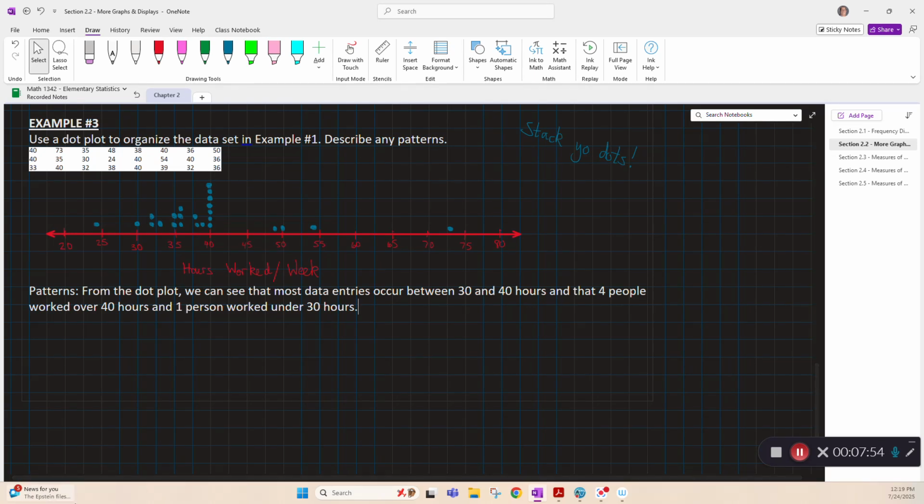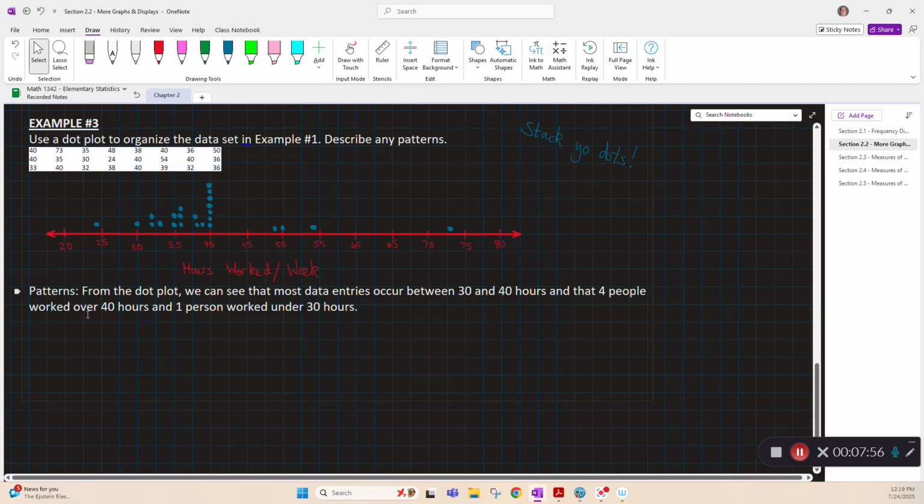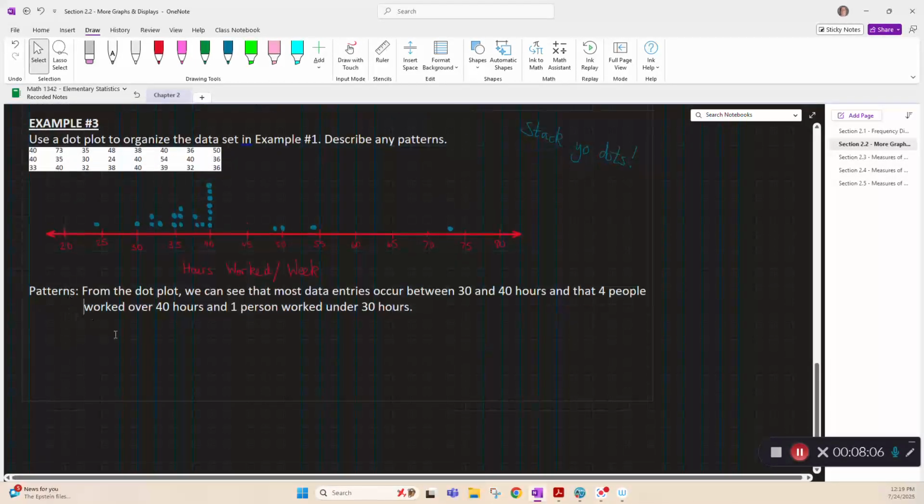Okay, there's our pattern on the dot plot. So again, this is called a dot plot. Now we're going to look at something called a pie chart.